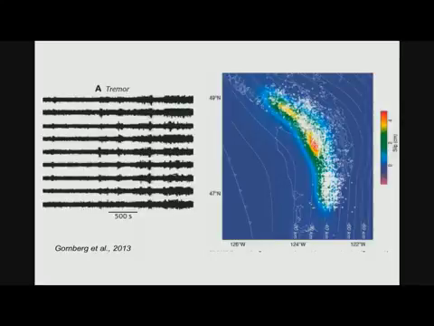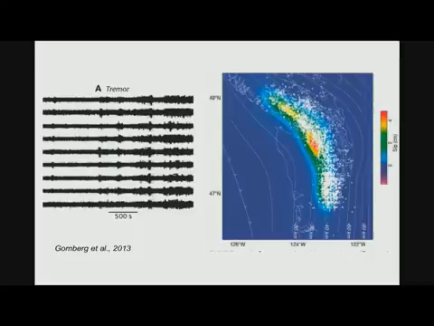So maybe 3 minute or 5 minute packets are located, and they're given a little white circle. That's automated. You can go to the website, and anytime tremor's happening, there's an updated tremor catalog, just like an earthquake catalog, made from envelope correlations of these waveforms, and you get these white dots. Okay, so that's the tremor.